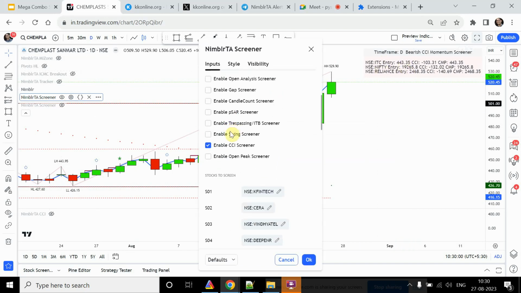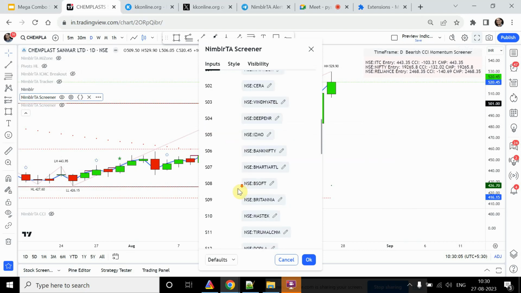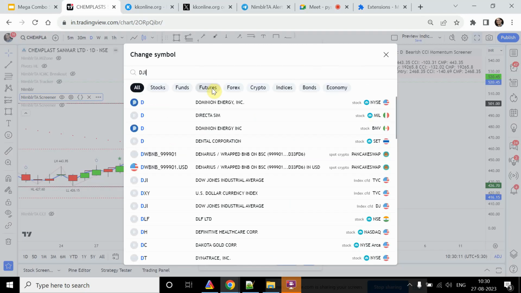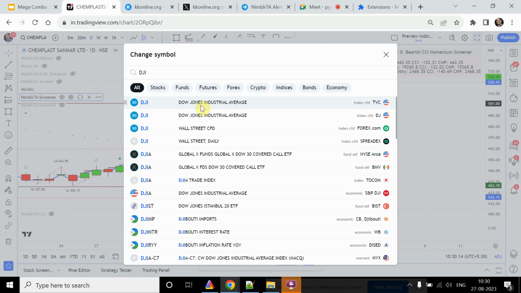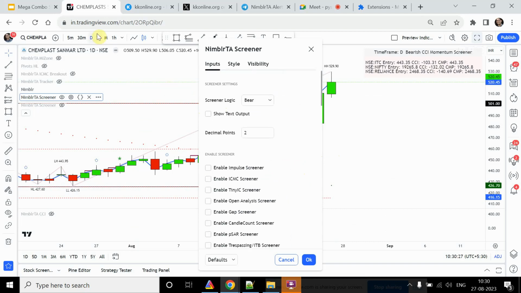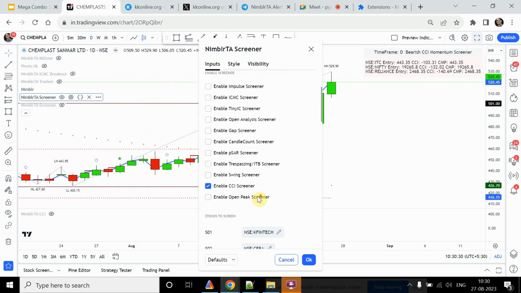I would select any strategy which I want, and if I want to change a particular stock, I will just click on this stock, and I can add, for example, Dow Jones over here. Now this Dow Jones index has been added in this screener, and out of these 37 instruments, it will start to analyze DJI as well on a daily time frame, using CCI as a strategy.